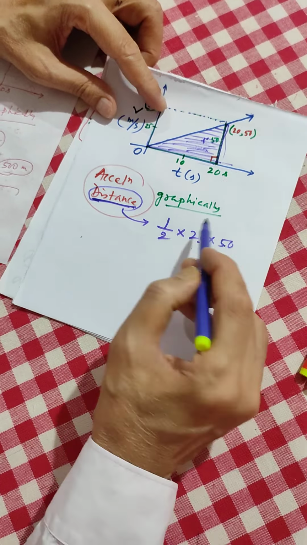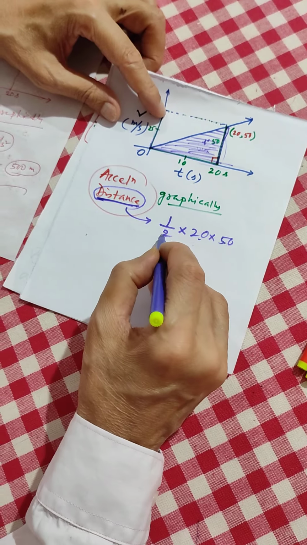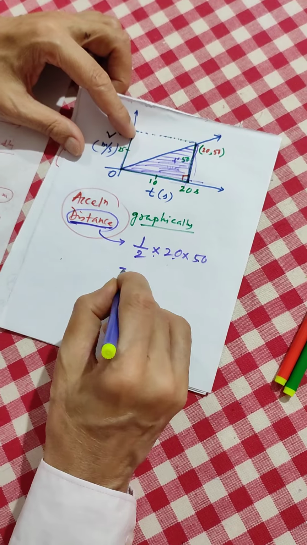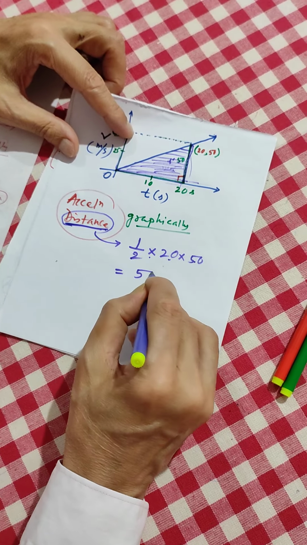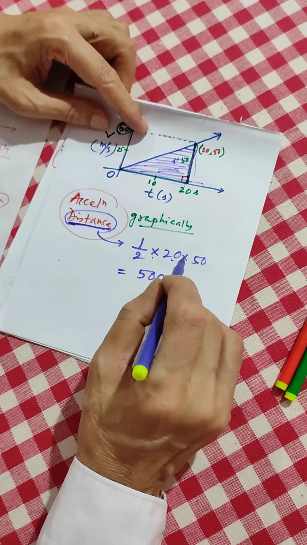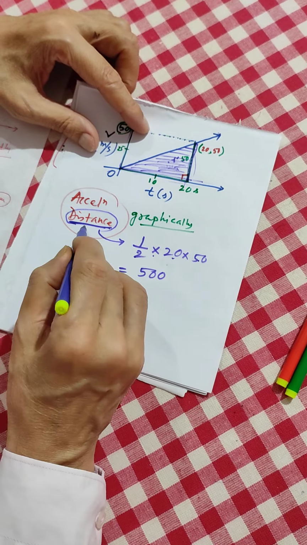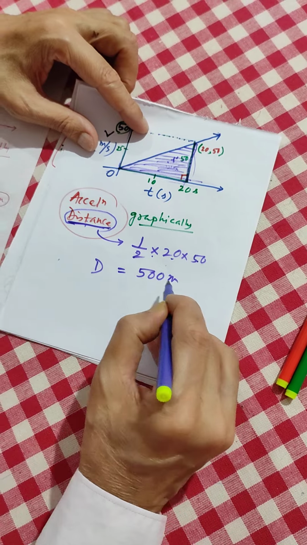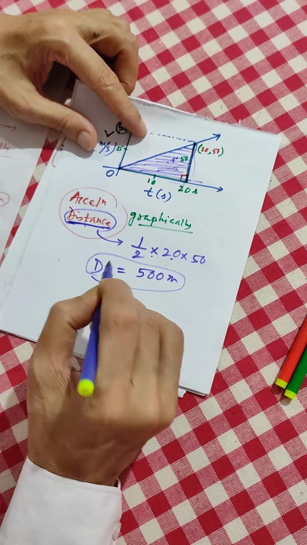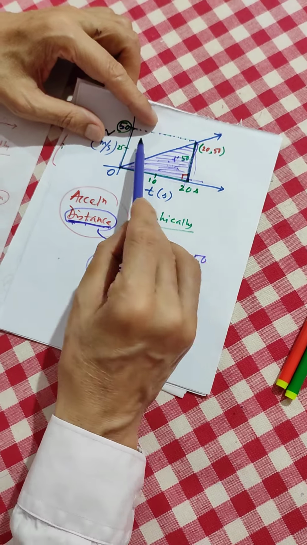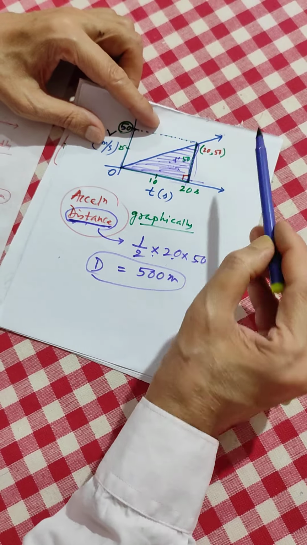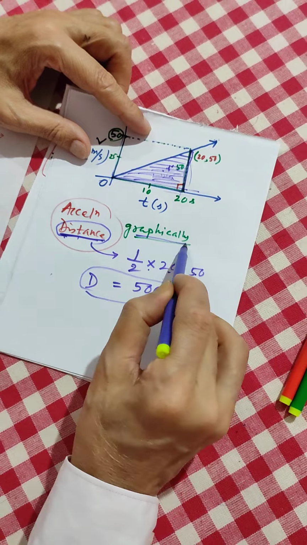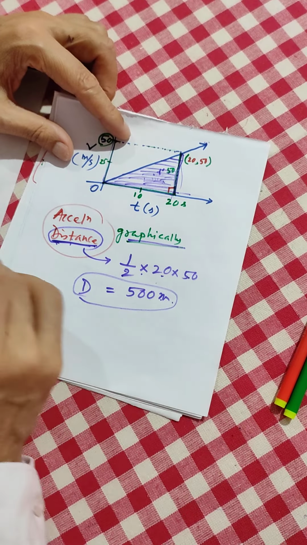Half base, 20, into height, 50, gives by calculation 500. Since we are finding distance, the unit will be meter. So the distance traveled by the body in 20 seconds, graphically, is 500 meter.